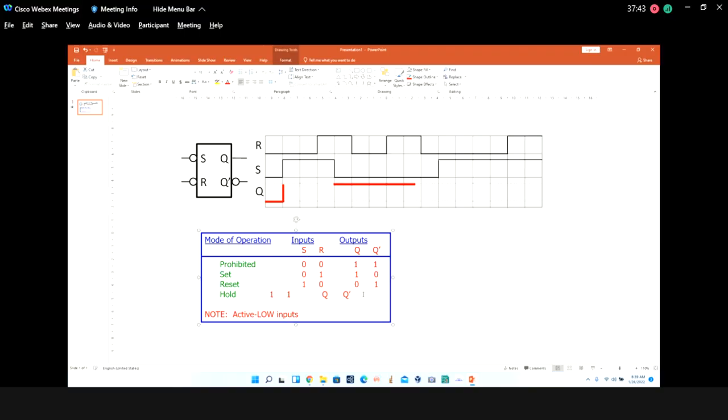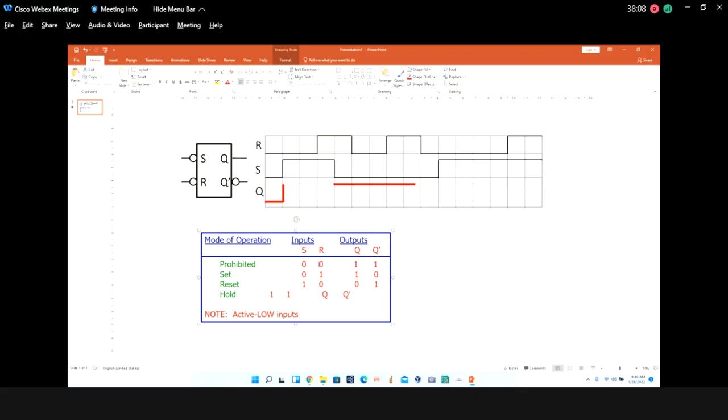In my advice, what do we do? You should tag the location of the prohibited region first. The prohibited region is 0, 0 here.